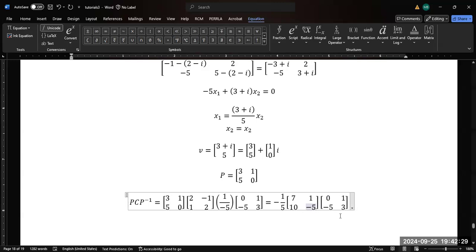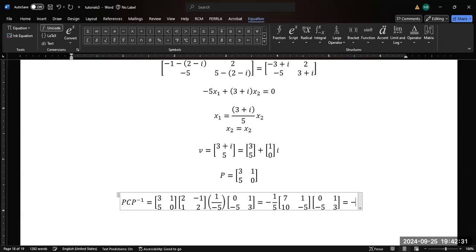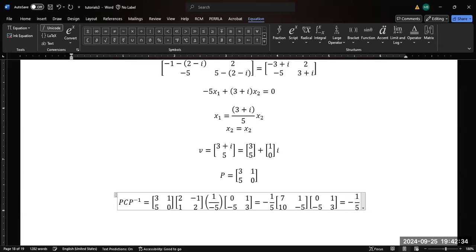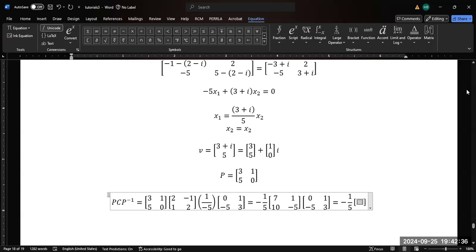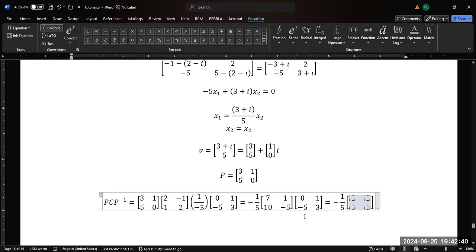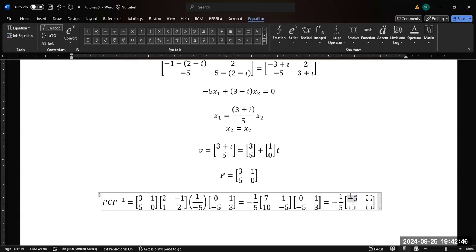And then if I multiply again, zero and -5. I think I have to multiply in the reverse order, perhaps. No, well, the -1/5 might fix that. Let's continue.